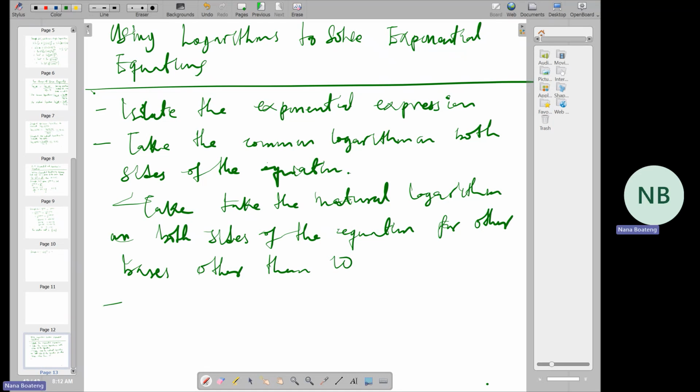And the next step will be to simplify using one of the following properties.